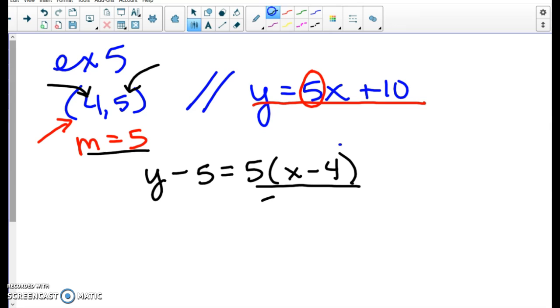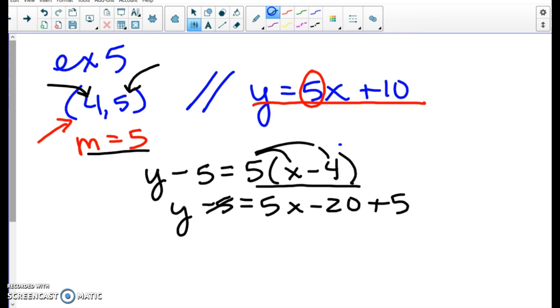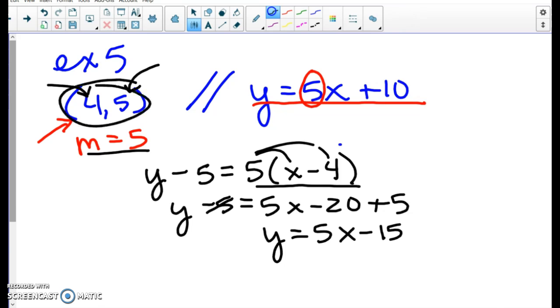On the right-hand side, we need to simplify by distributing, and then we're going to add that 5 to both sides, and we get y equals 5x minus 15. So we took a point on our new line and the slope from the other line.